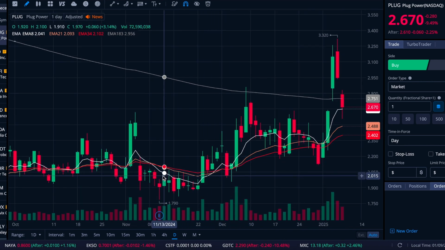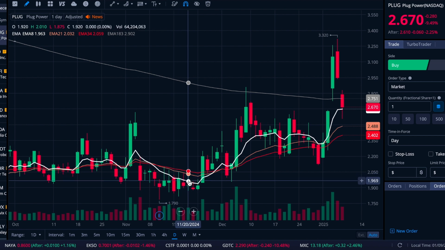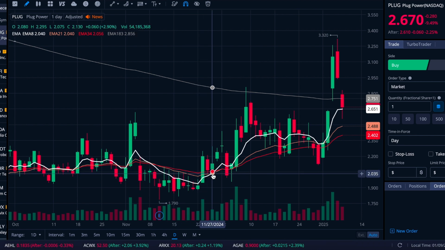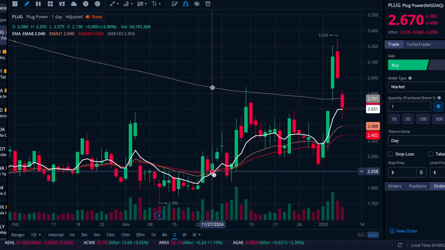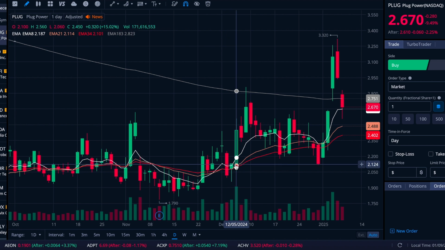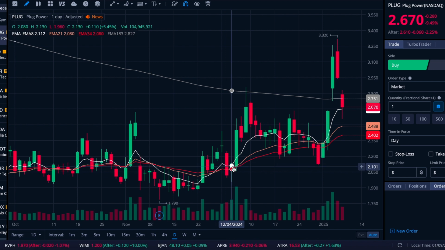Back here you see the 8 is the lowest, then the 21, then the 34. That's a fully bearish formation. What I'm looking for is for that to start to flip, so I look for the bullish crossovers of the 8 crossing above the 21, above the 34, and the 21 also crossing above the 34. So everything gets into bullish formation on this candle.